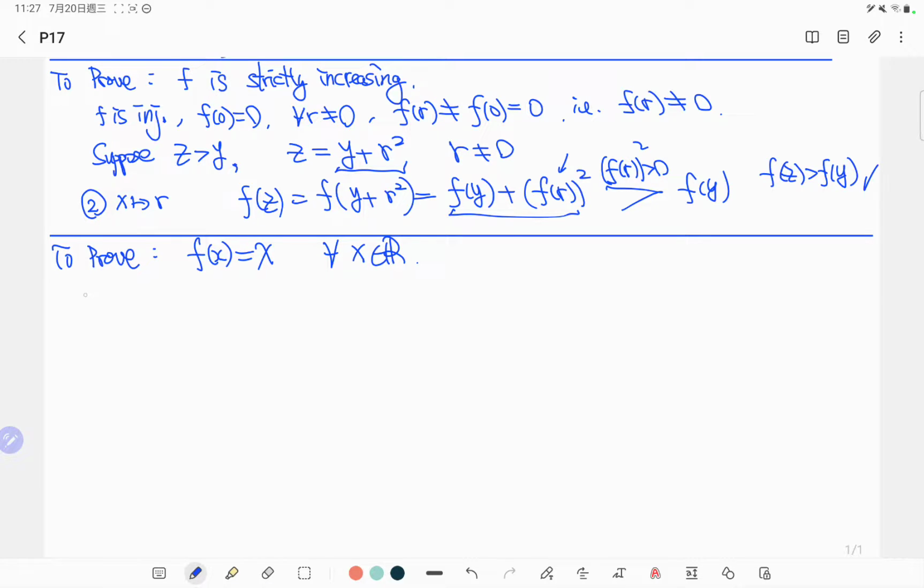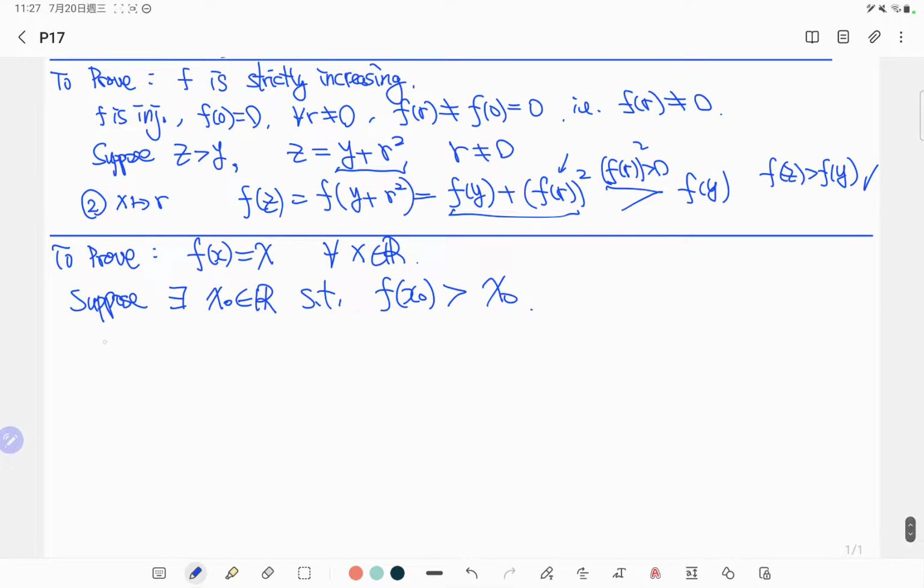So suppose there exists x sub 0 in real numbers such that f of x sub 0 is larger than x sub 0. Okay, because we want to prove f of x to be x for all x. So let's try to assume there is a single value x sub 0 such that f of x0 is larger than x0.